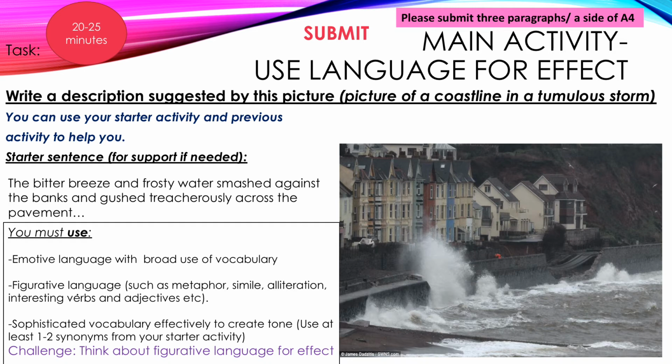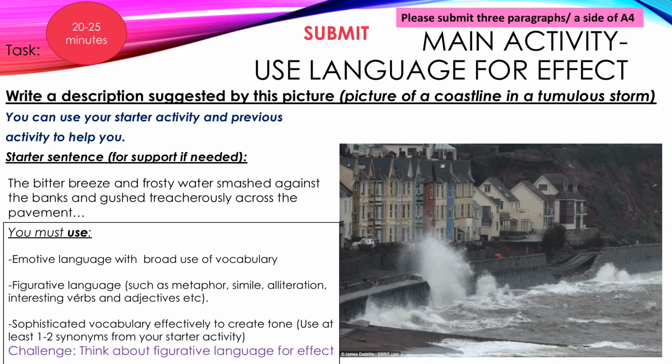A lovely adjective to describe the water, frosty, and the way that the water smashed against the banks. We've got that lovely verb there, haven't we? And the way that it gushed, which is a lovely verb again. And treacherously is a fantastic adverb to describe the way that the water is smashing against the banks.